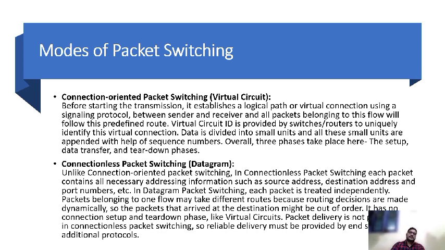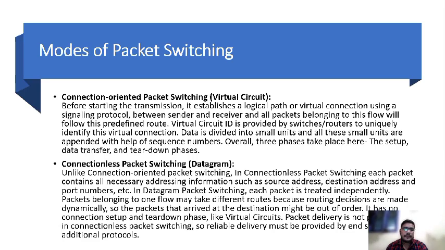So as we can see, in datagram switching we do not need any virtual circuit connection, and the data are sent in packets, and the decisions for the path of the data transfer are made dynamically as and when required.